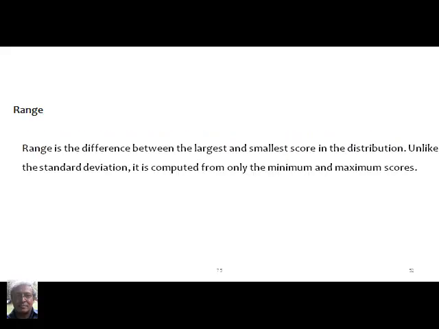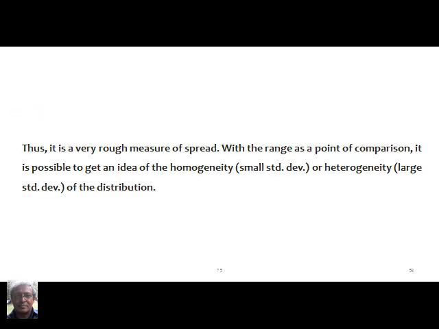Range. Range is the difference between the largest and smallest score in the distribution. Unlike the standard deviation, it is computed from only the minimum and maximum scores. Thus, it is a very rough measure of spread. With the range as a point of comparison, it is possible to get an idea of the homogeneity (small standard deviation) or heterogeneity (large standard deviation) of the distribution.